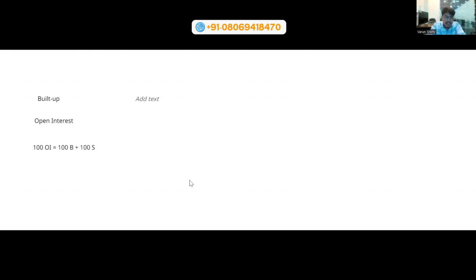Okay, so let me just erase everything on the whiteboard. We'll start fresh. Let's look at the built-up conditions. There are 4 built-up conditions. First condition, we already knew: if future price increases and futures open interest increases, this is a clear indication that there is fresh buying in the market.